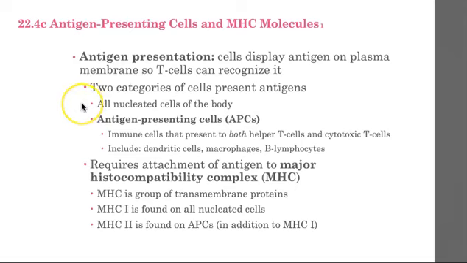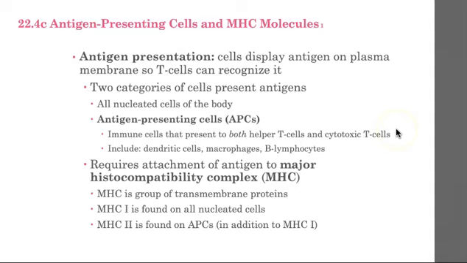So essentially everything except for, let's say, our red blood cells, because we know they don't have a nucleus. And then we have our antigen presenting cells. I have this on another slide, but our antigen presenting cells would consist of our dendritic cells, our macrophages, and our B cells.